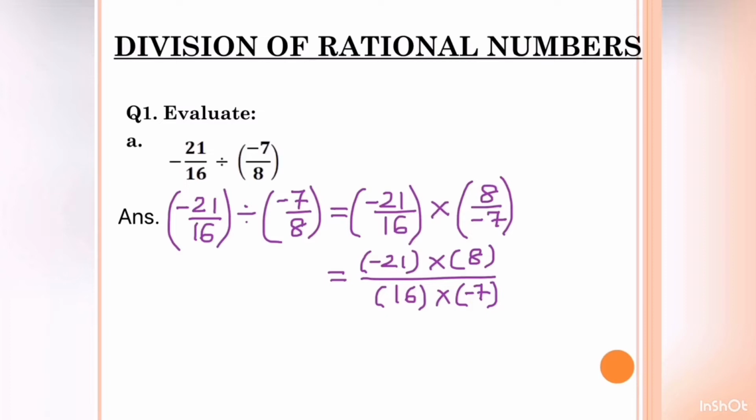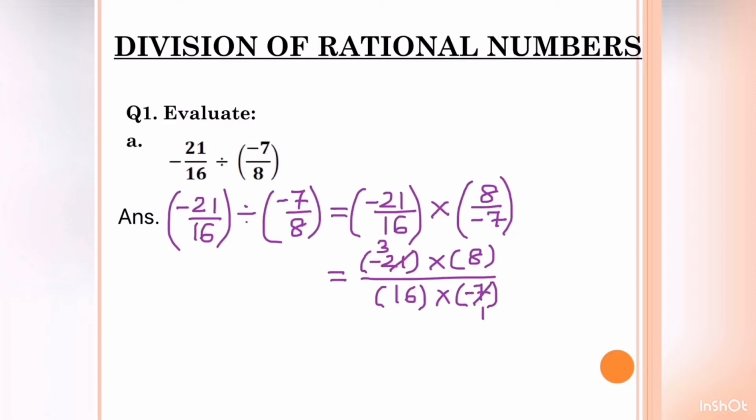Let us now cancel all the common factors. 21 and 7 have 7 as common factor. So let's cancel it. 7 times 3 is 21. 7 times 1 is 7.